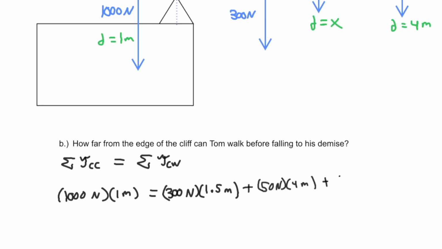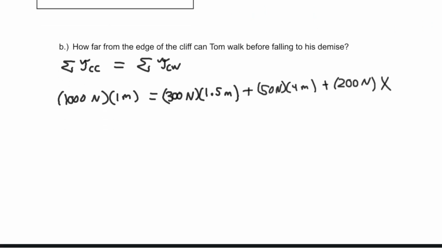And lastly, we have 200 newtons of Tom's weight acting a distance of x away from the pivot. So now we'll do some simplifying. So we're just going to have 1,000 Newton meters of torque is equal to 450 Newton meters of torque plus 200 Newton meters of torque plus 200 times x, where x is Tom's distance from the pivot.